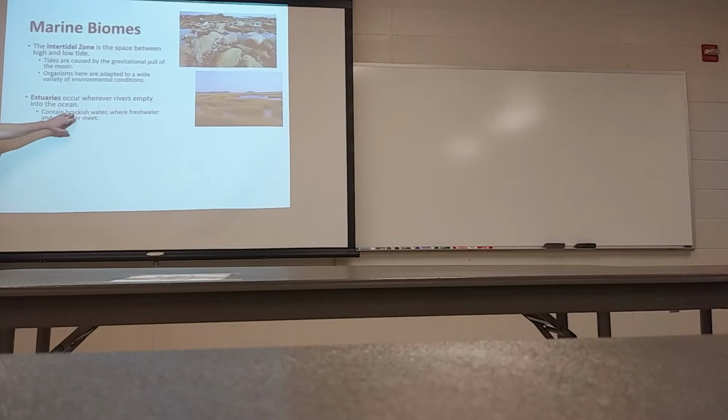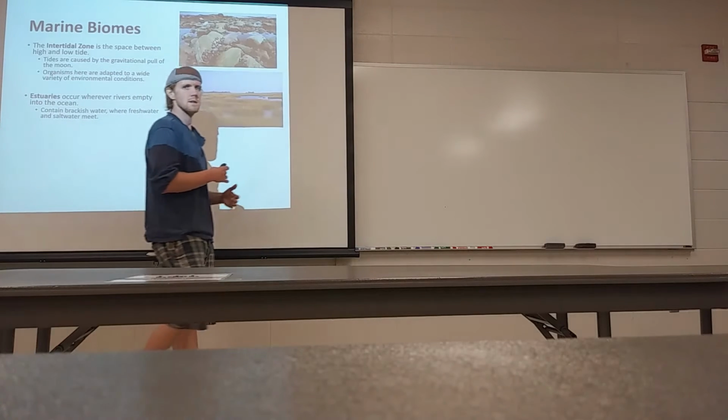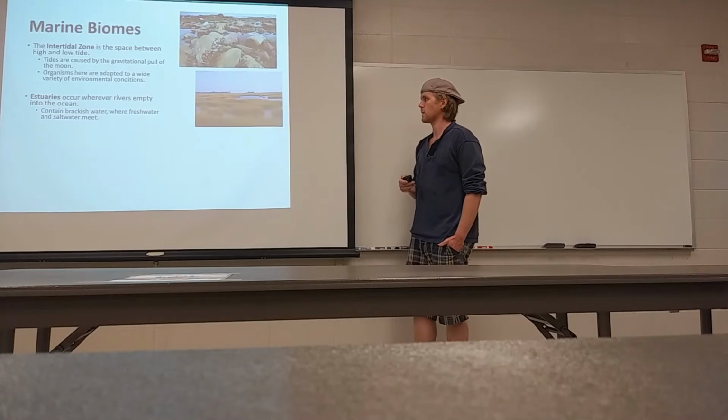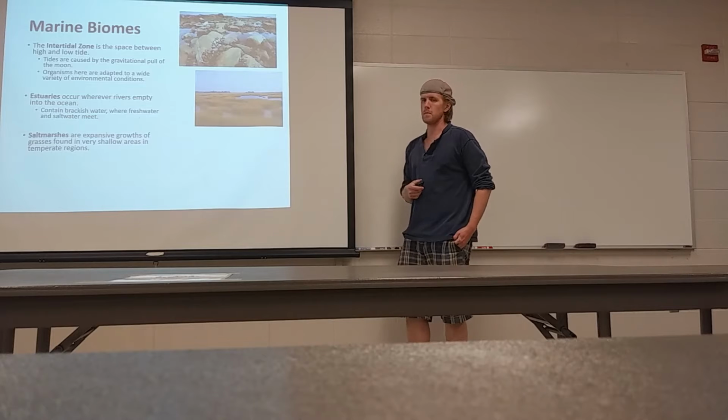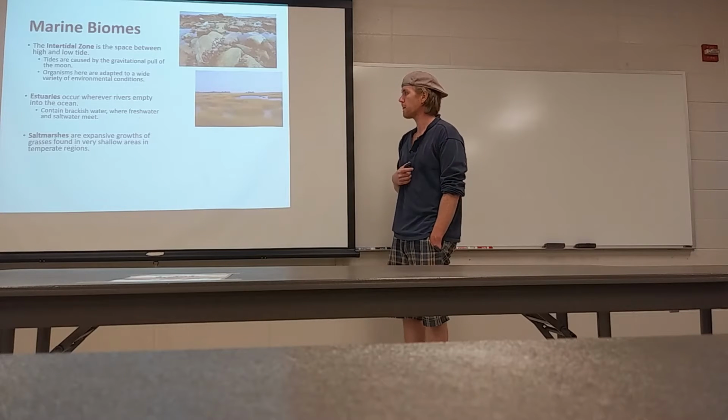So this is water that is not truly fresh water, but it's not oceanic salt water either. And so when the waters mix, you get brackish water, and that occurs in estuaries. If you were to take the Mississippi River all the way down to Louisiana, where the Mississippi River empties into the Gulf of Mexico, that would be an example of an estuary.